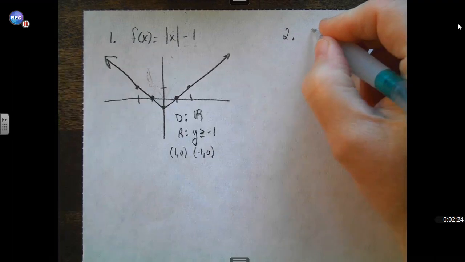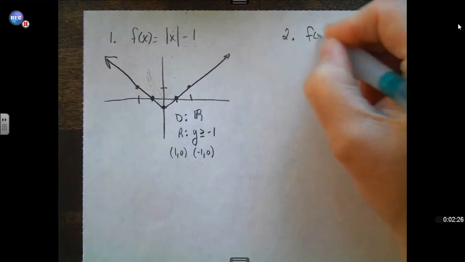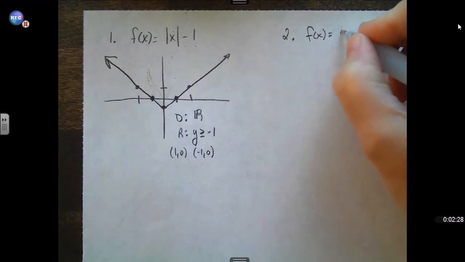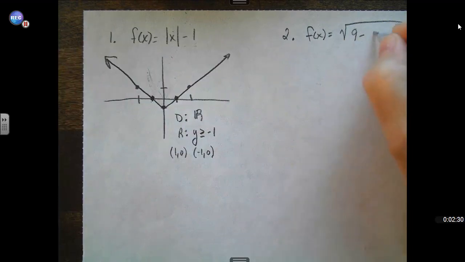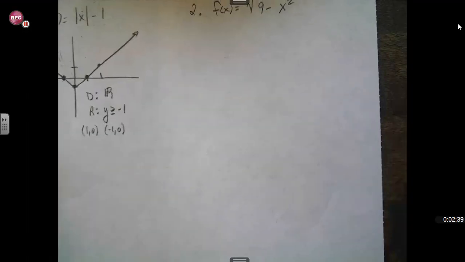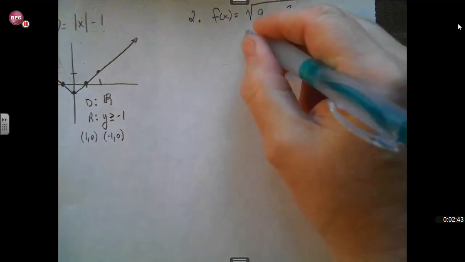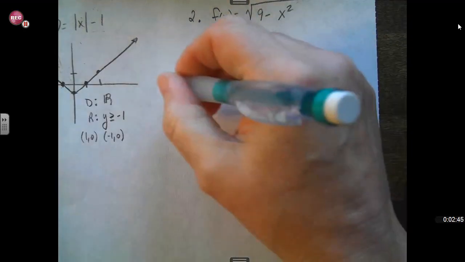Number 2, we have f of x equals the square root of 9 minus x squared. Again, I look at that graphically.